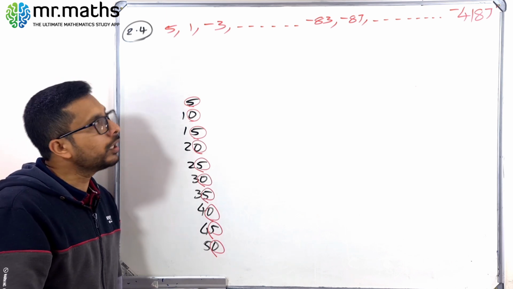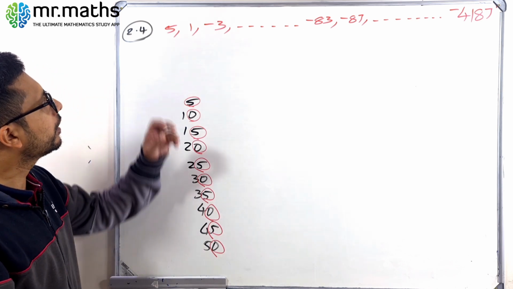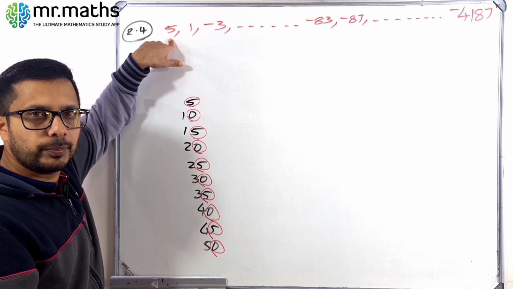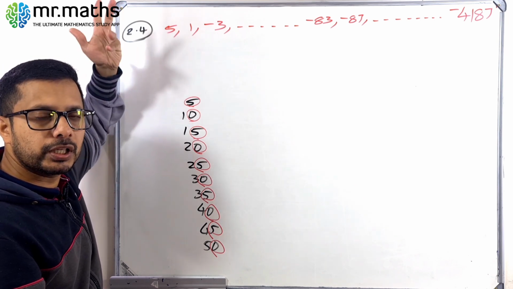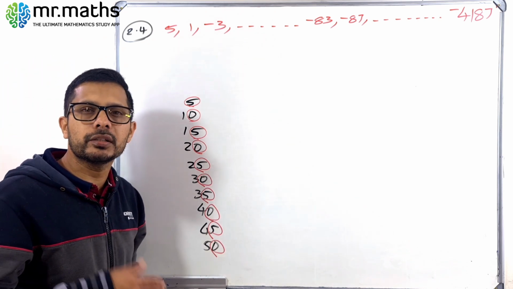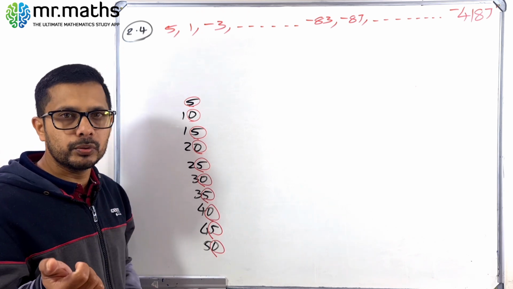Now look at our sequence. Here 5 is divisible by 5. Am I right? 5 divided by 5, we know that it is 1. It is divisible by 5. So I'm going to create another sequence here that is exactly divisible by 5.